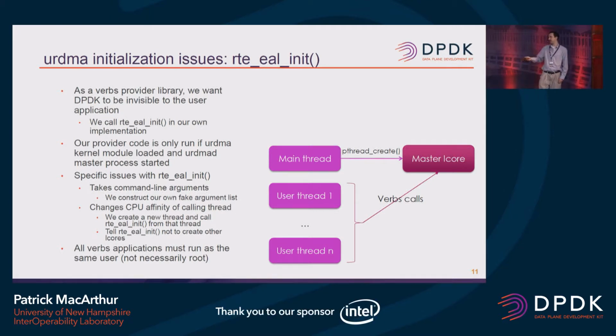One of the other issues is all verbs applications must run as the same user. That user does not necessarily have to be root if you're using VFIO, but they still have to run as the same user.